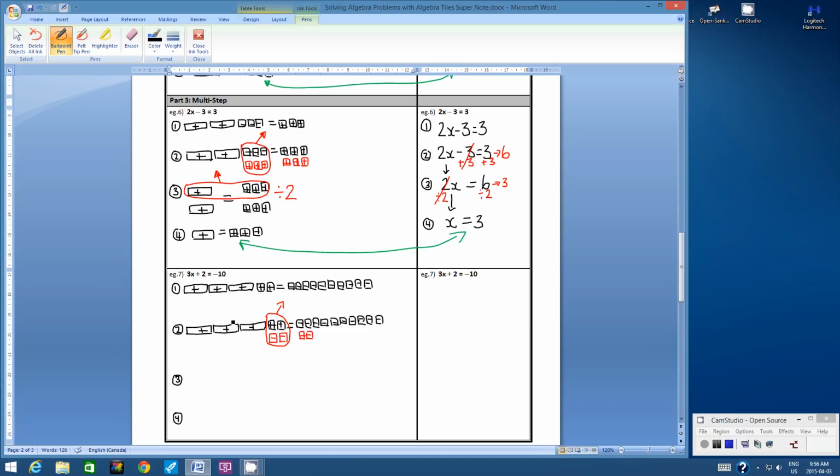So all that remains on the left-hand side is 3 x's. So let's separate our 3 x's. We'll stack them on top of each other to show 3 different groups.